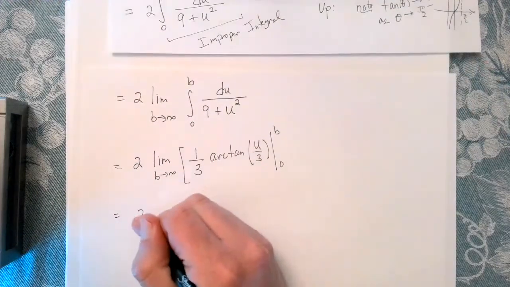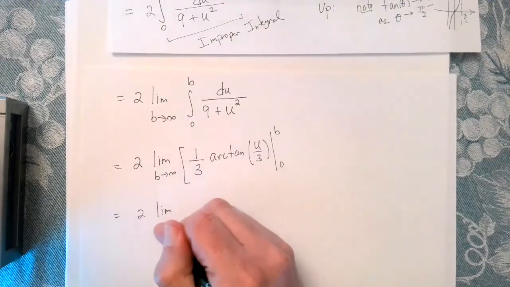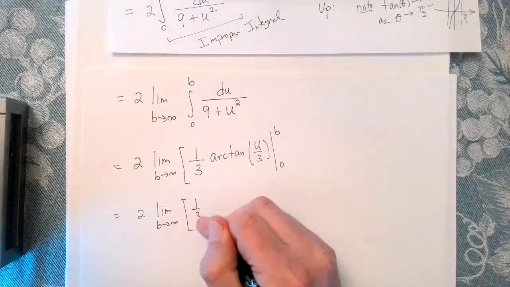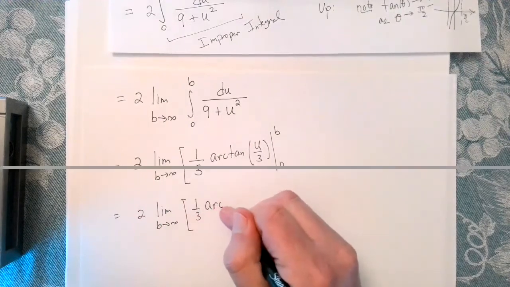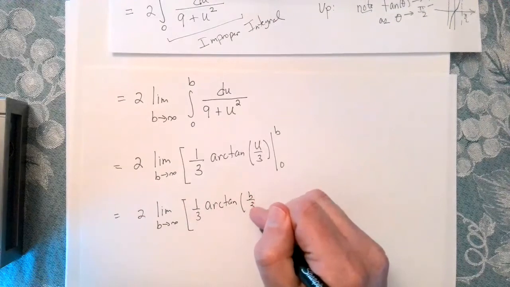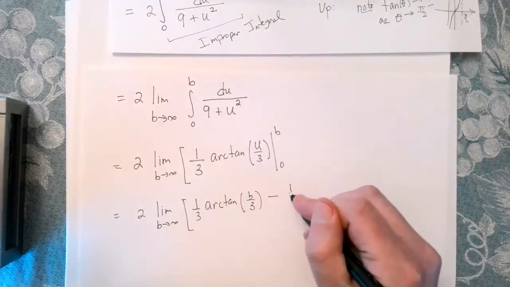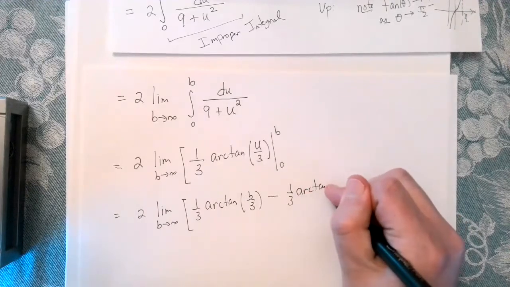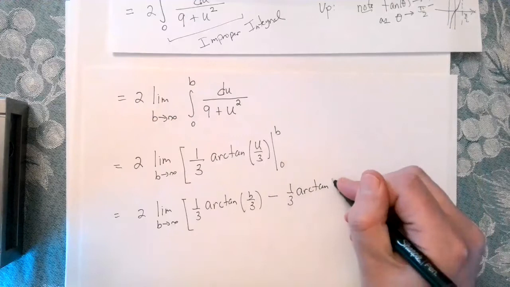Okay, so I think the hardest part of the problem is over. So let's see where this takes us. So it looks like I've got 1/3 times the arctangent of b over 3, minus, by the fundamental theorem of calculus, minus 1/3 arctangent of, well, 0 over 3 is just 0.